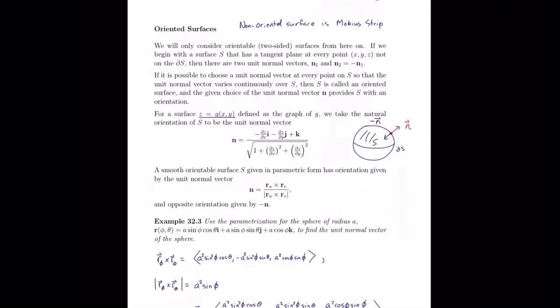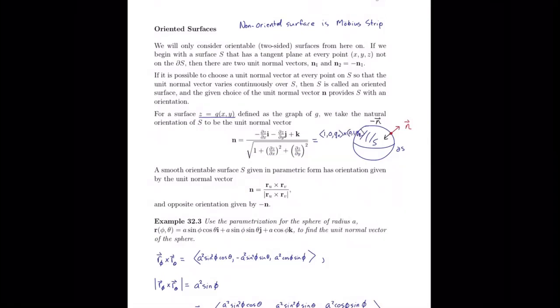Well, the top portion of this, remember, is G sub X cross, it's actually the vector 1, 0, G sub X crossed with 0, 1, G sub Y.